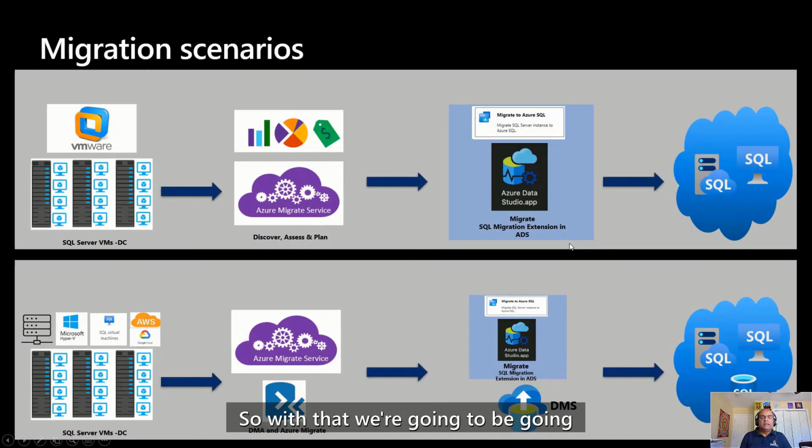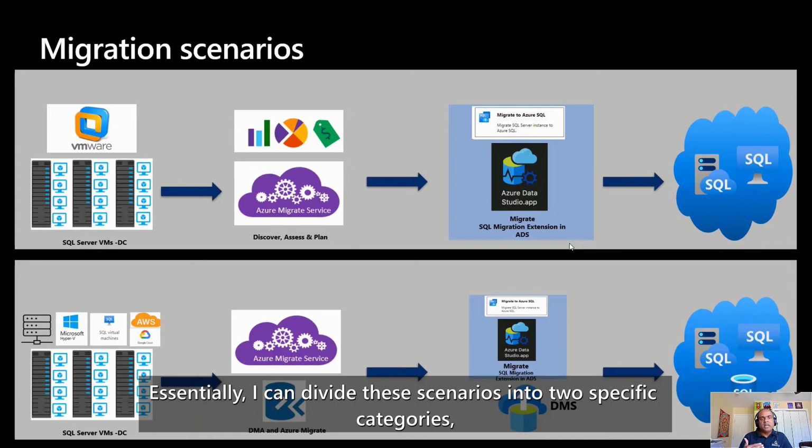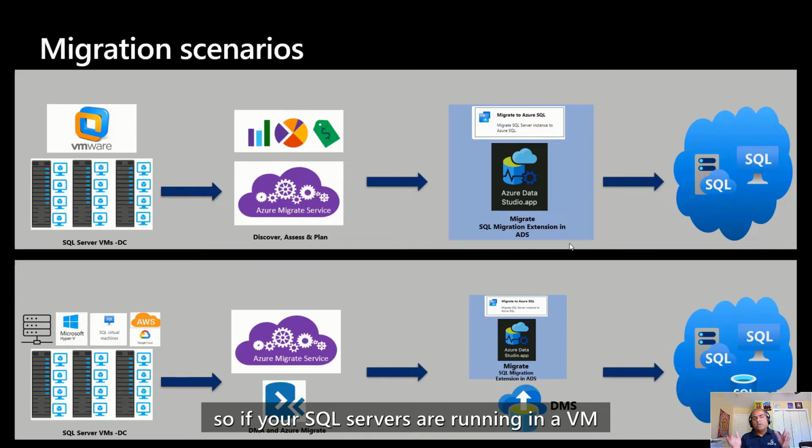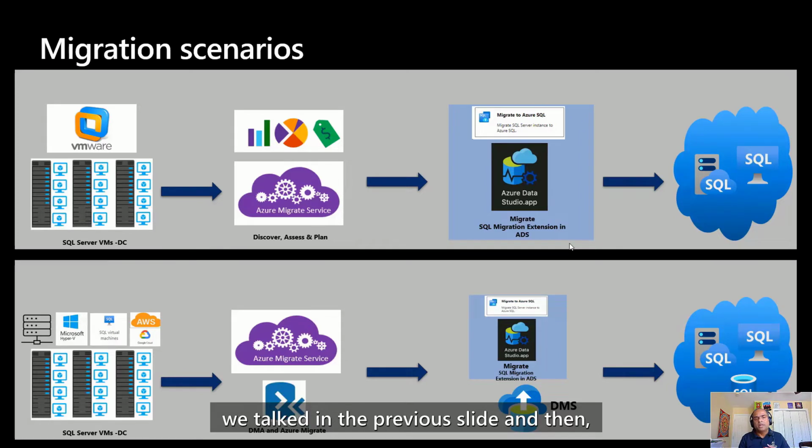So with that, we're going to deep dive into a couple of migration scenarios. Essentially, I can divide these scenarios into two specific categories. If your SQL servers are running in a VMware environment on-premises, we're going to examine the specific tools that help you take the migration journey we talked about in the previous slide.